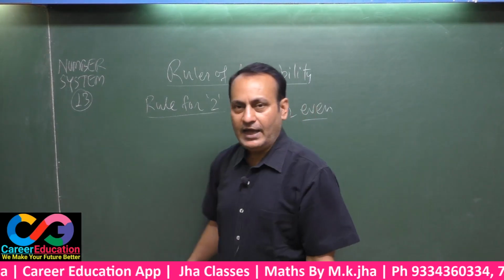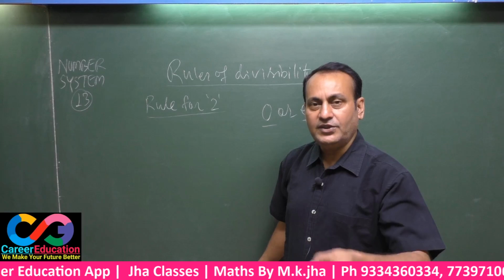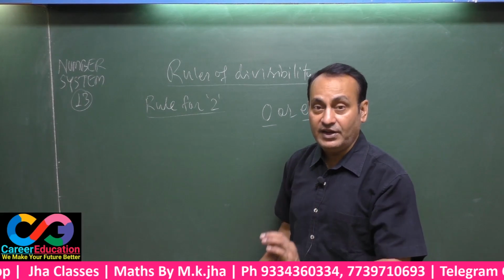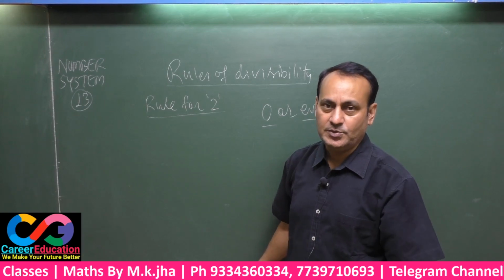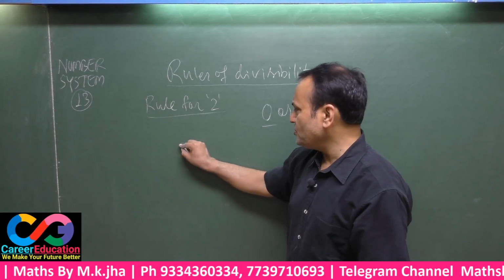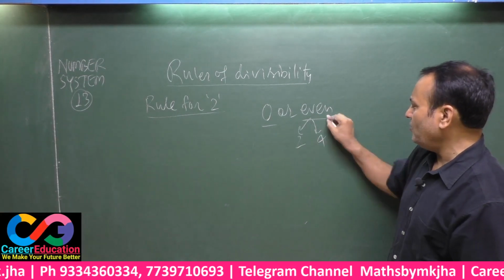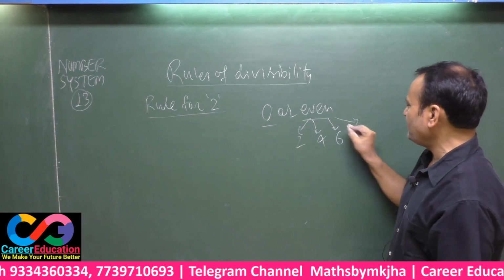What I have dictated to you: if the unit of a number is either 0 or an even digit, certainly the number is divisible by 2. That means, see here, even digits are 2, 4, 6 and 8.